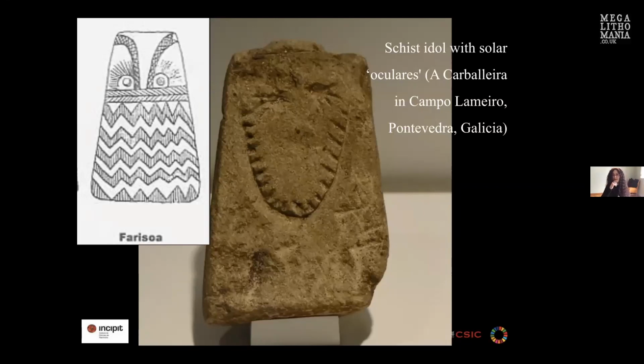We thought, oh, that's a nice necklace, possibly. And we just counted the little notches and thought, oh, they add up to 19. Lunar cycle. So, of course, total speculation, we don't know. But schist idols are very common, and we've only found one so far associated with a tomb within Galicia.